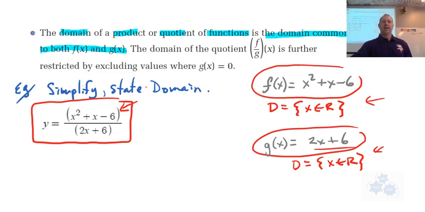The combined function now, it's actually easy to see that I have a restriction, because we can't divide by what? 0. So if we look at this little note here, this is x is an element of the reals, this is x is an element of the reals. So you might think that the combined function should have that as well.